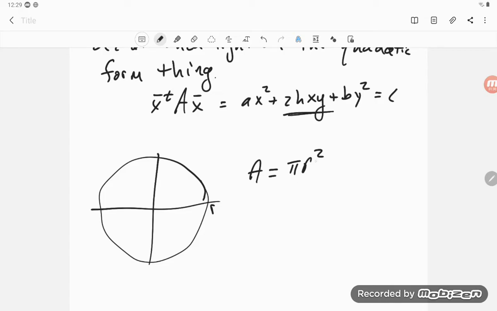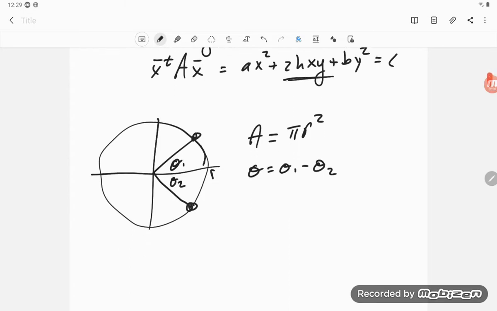And then if I wanted a particular section of that, so I'm going to draw all these this way. Here's a theta 1, here's a theta 2, and so the overall theta of this section is theta equals theta 1 minus theta 2, because theta 2 would be a negative angle going from the x-axis.